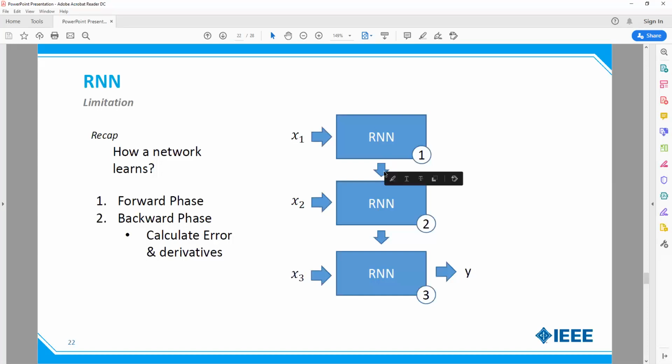So the effect of the weights here is influenced by what happened here because of the initial input. So they're the same nodes. However, because the inputs are different, they're having different influence at different times.